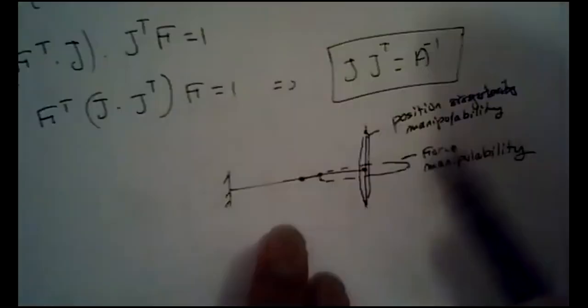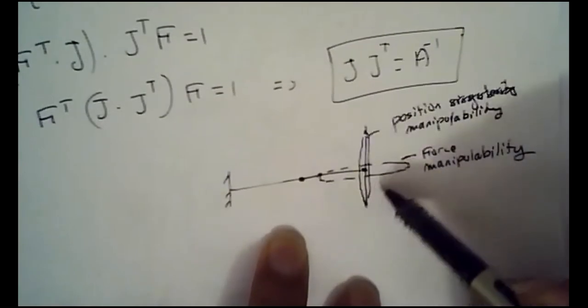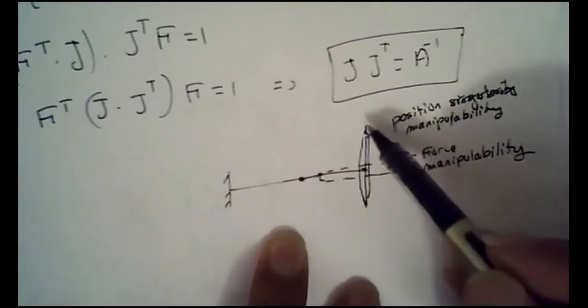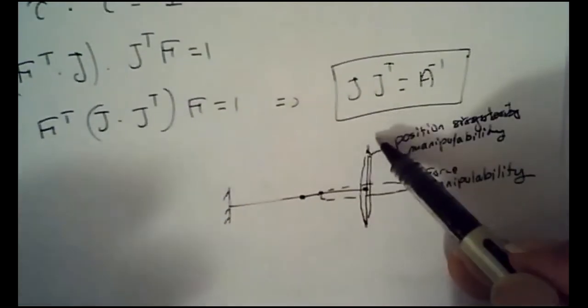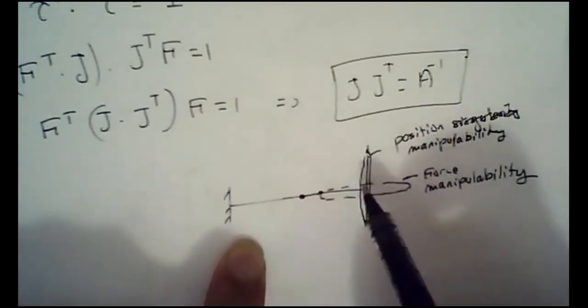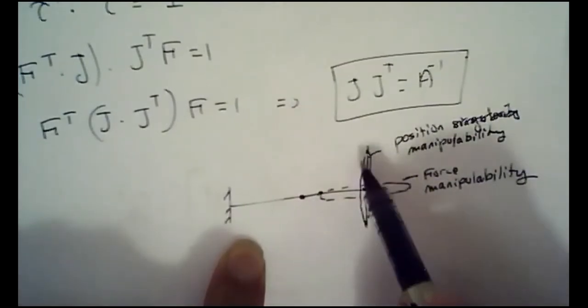To explain that more simply, let's say you initially calculate the position manipulability ellipsoid that was spoken about earlier based on A. Then my force ellipsoid is simply perpendicular to that. It will be another ellipsoid that is perpendicular to that.